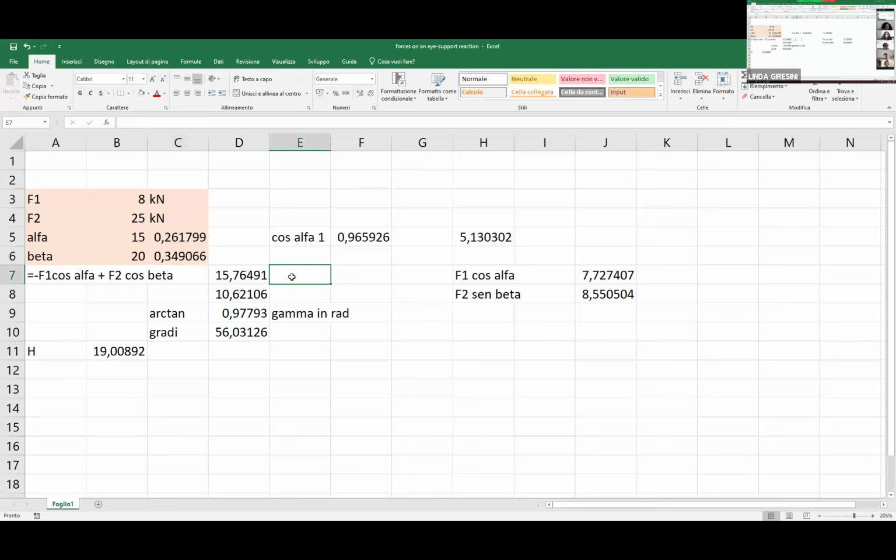So I just wrote the numerator and the denominator. So this is minus F1 cos alpha plus F2 cos beta.